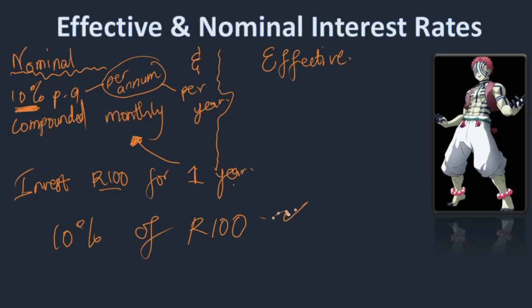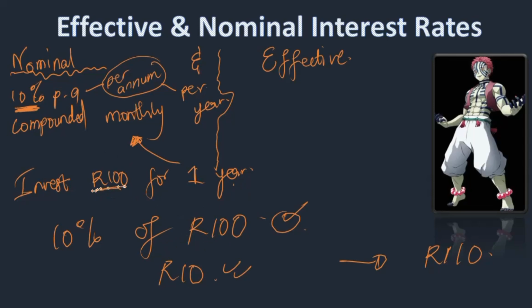That money should grow by this 10% at the end of this year. And how much is that? Well, 10% of 100 rands is 10 rands, right? So the interest here should be 10 rands, which means by the end of the year, you should have 110.